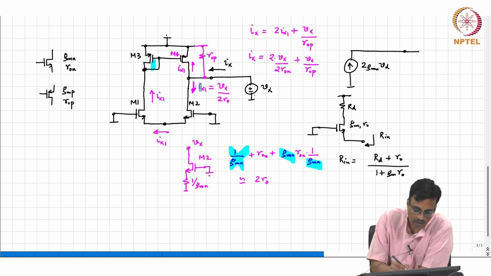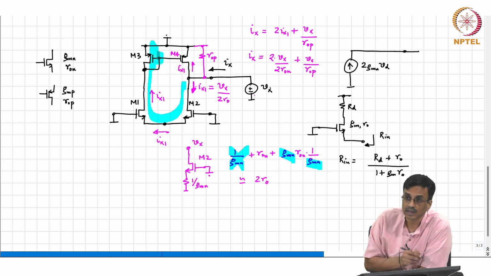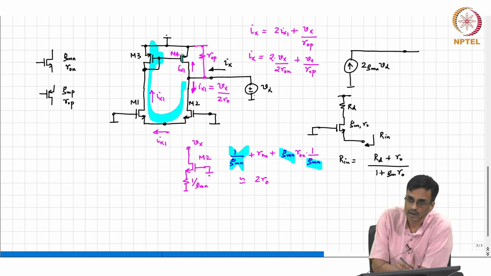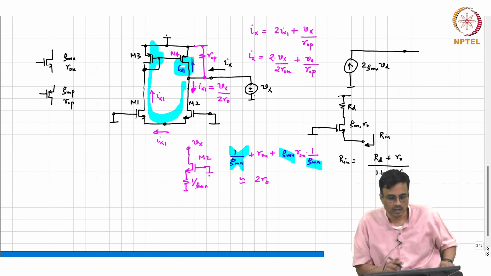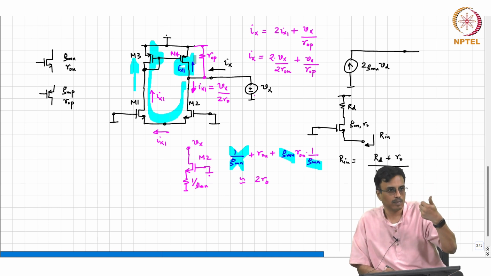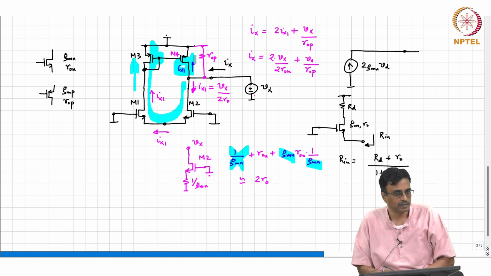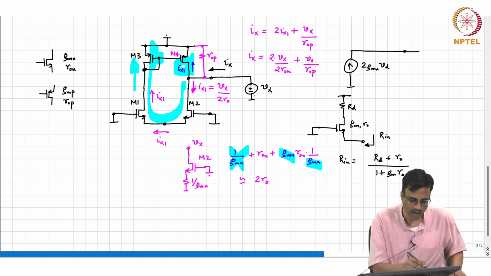This Ix1 is coming through like this and going through, creating a voltage drop at the gate of M3, but M3 and M4 form a mirror. So that is going to cause that gm times VGS of M4 to pull a current. You are pushing a current into M3, so the mirror will basically pull a current in the same direction. Is that clear? Okay.